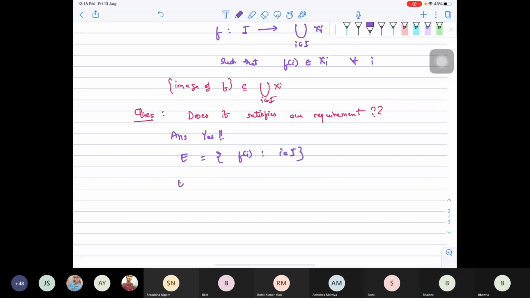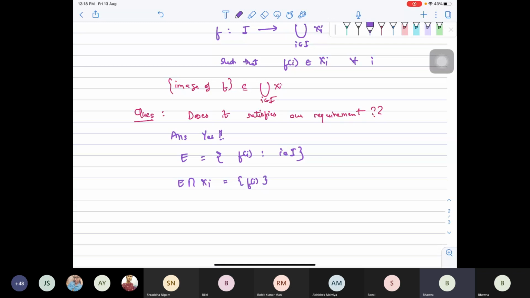Now, E intersection Xi is what? Singleton f(i). Yes, but we have a problem. What is the problem?